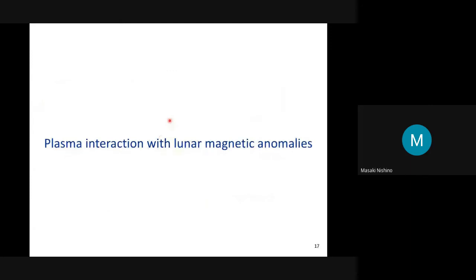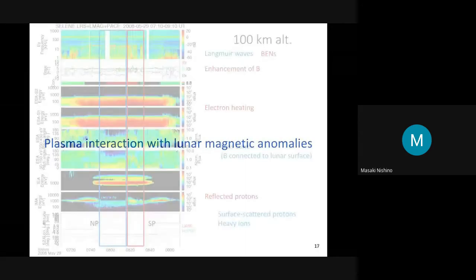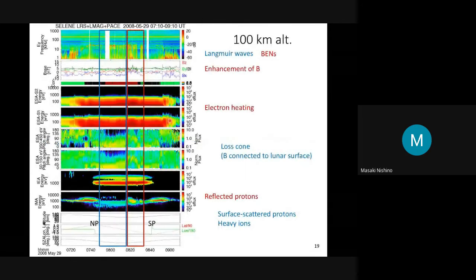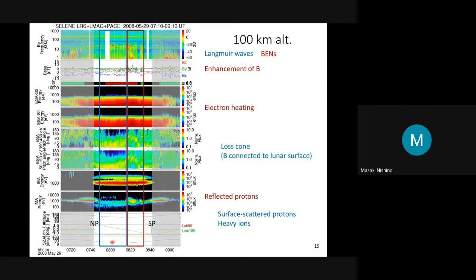So let us see the plasma direct interaction with lunar magnetic anomalies. This is 100 kilometers altitude data for 1 revolution around the moon. The non-hatched region corresponds to the day side region. This is the North Pole, and Kaguya flew on the day side and went to the South Pole.